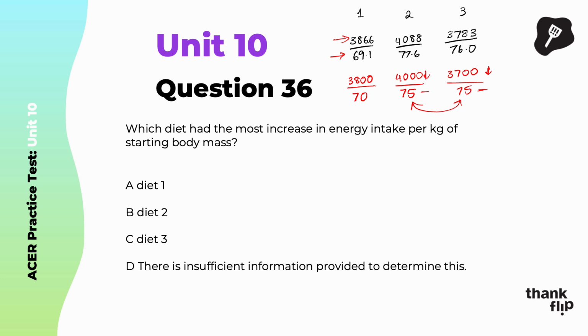So this is the lower numerator, so the energy intake per kilogram of starting mass for diet 3 is less than that of diet 2. So we know that this is not the most, so we can eliminate diet 3, right? Now we can compare these two.